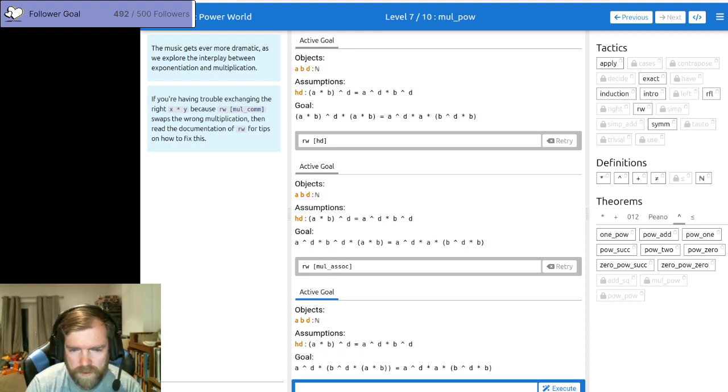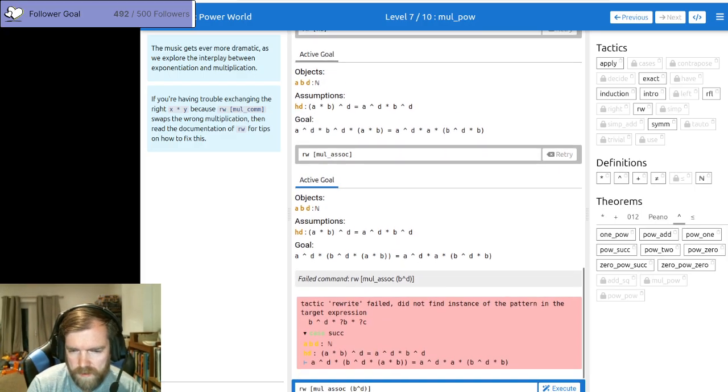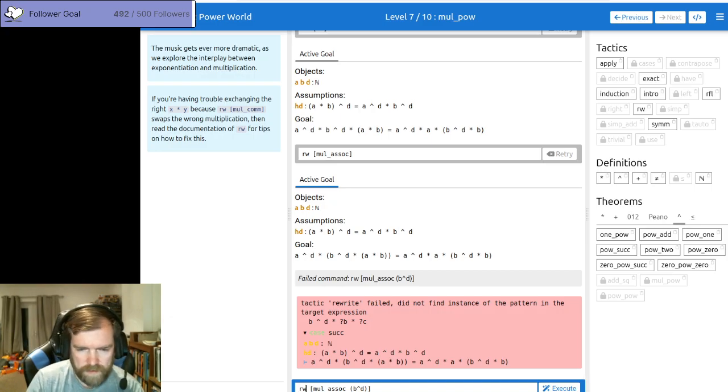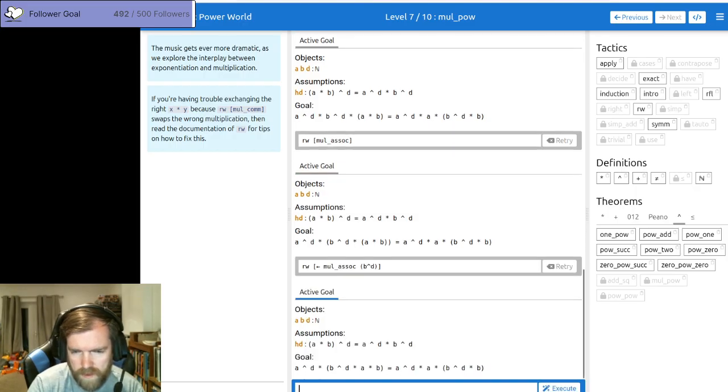Alright, rewrite multiplicative associativity, b to the d. No? Is that a left multiplicative associativity? Yep.